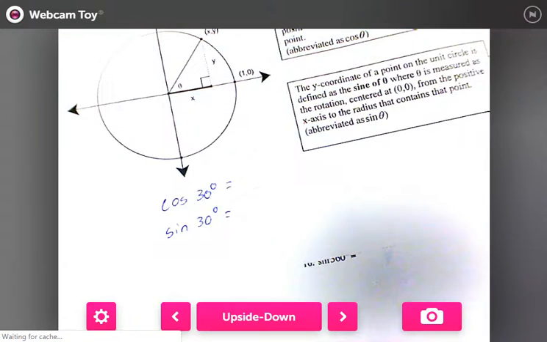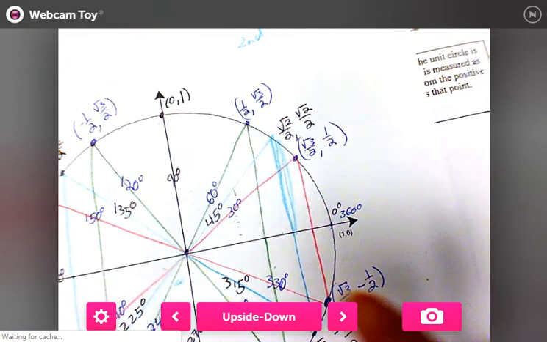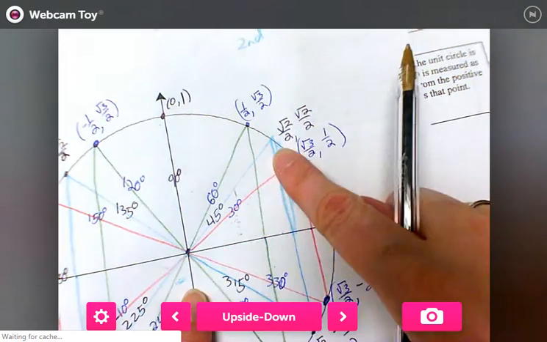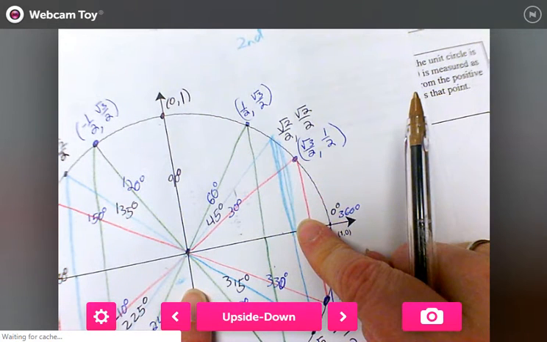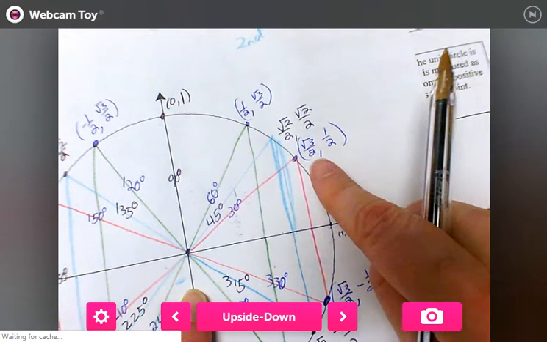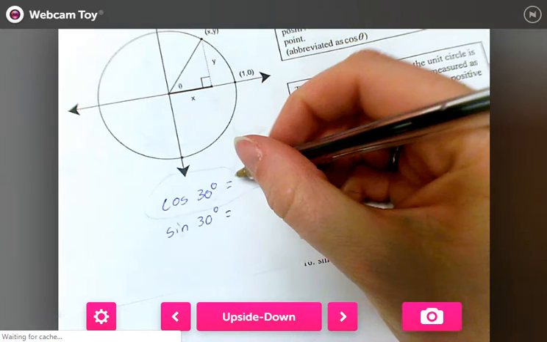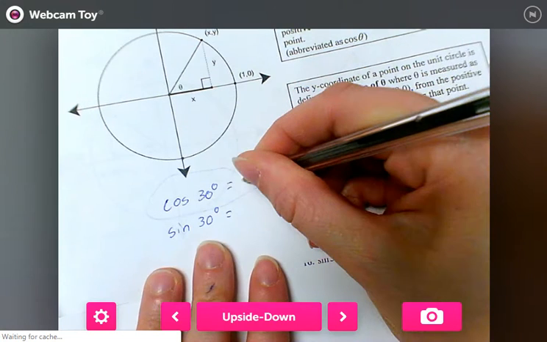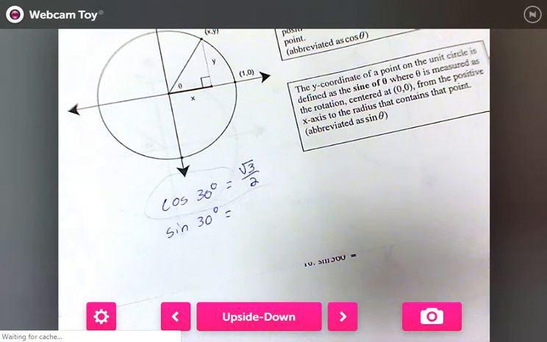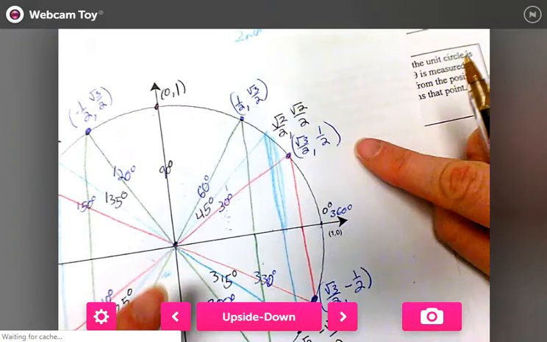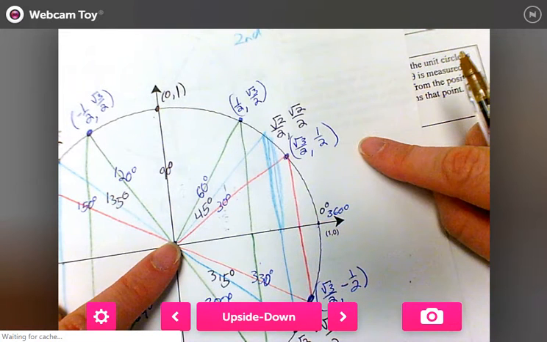So if I look right here, here it's in red, 30 degrees. My 30 degrees is my x value, so that is square root 3 over 2. Okay. Anybody want to try? What's my sine of 30 degrees? 1/2. It's the y value.